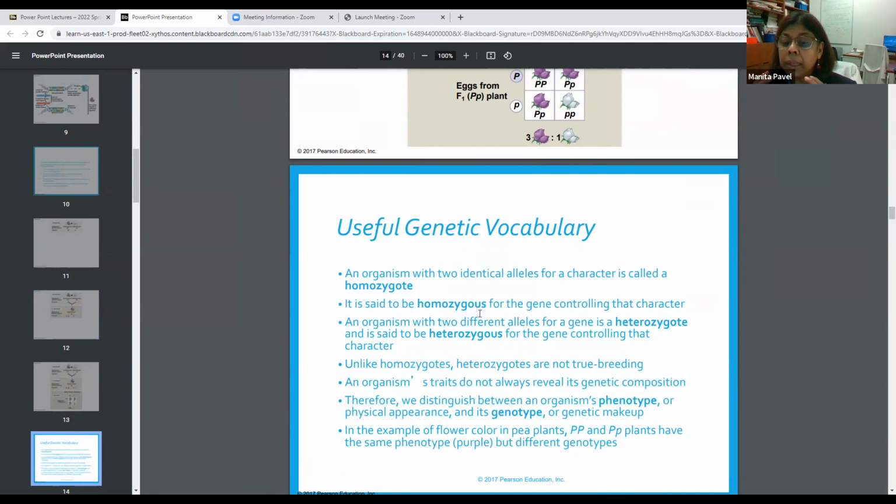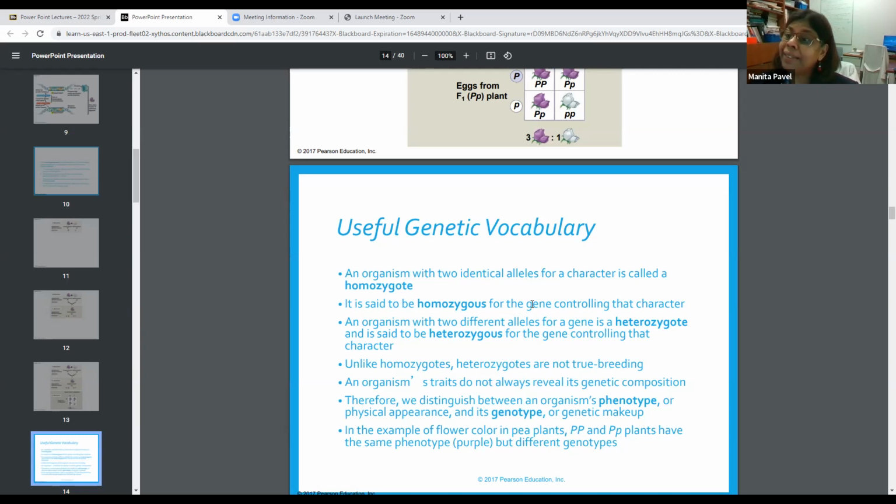So the definition I'm giving you is, when the alleles for a given gene are the same, then the condition is said to be homozygous. I repeat, homo comes from the word same. So when the alleles for a given gene are the same, the condition is said to be homozygous.